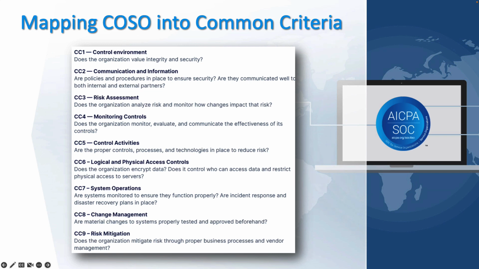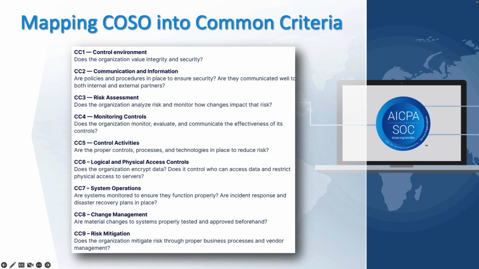The SOC 2 common criteria list is also known as the CC series, and it includes 9 subcategories that you'll be assessed against. These 9 subcategories include 17 internal control principles from the COSO framework that have been mapped to the security or the common criteria. COSO is mapped into the first 5 criteria only, so from CC1 to CC5.